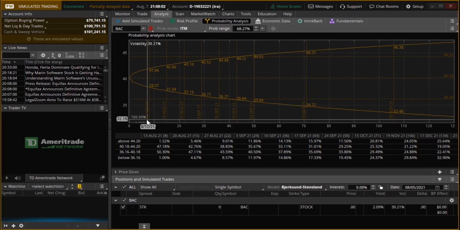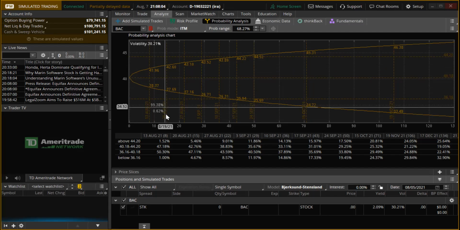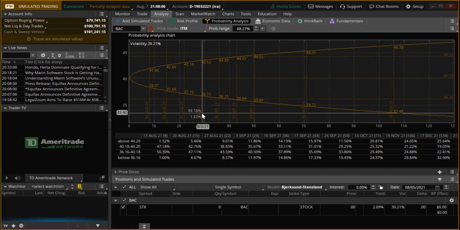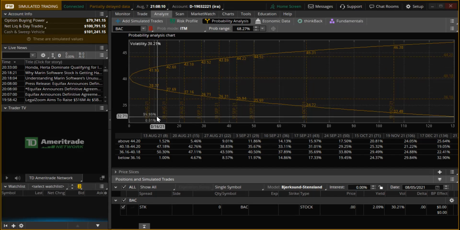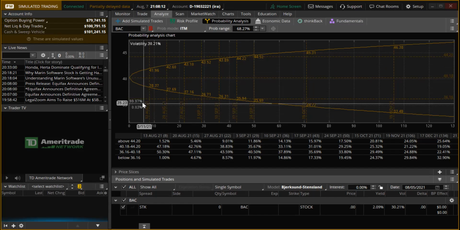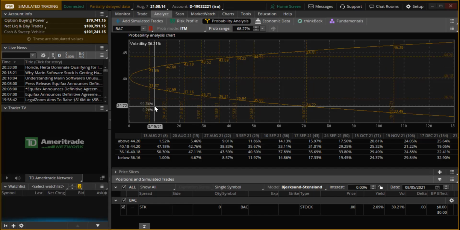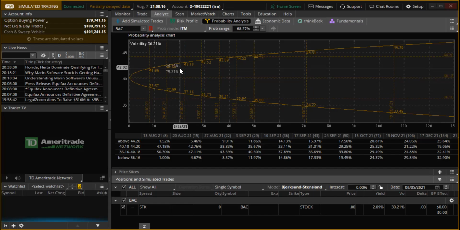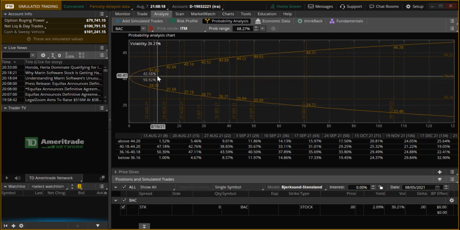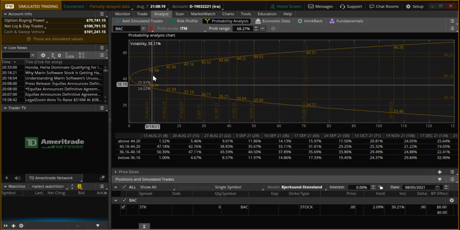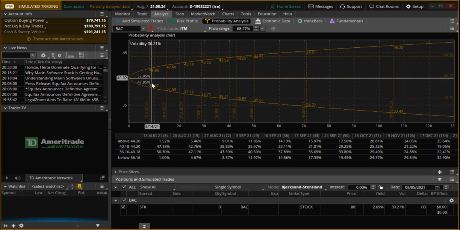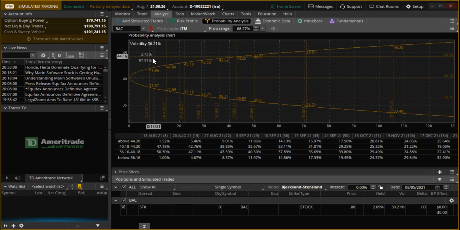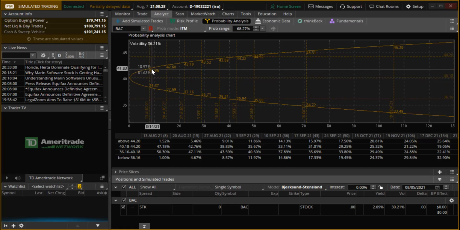And you'll notice that you actually have dates along here, and those are the ones that actually have options that you can trade on. So if you look, you'll have August the 13th, 21 being the first expiration, and you've got a gap between here. The inside of the gap is actually how much of a chance you're going to have of being in the money.